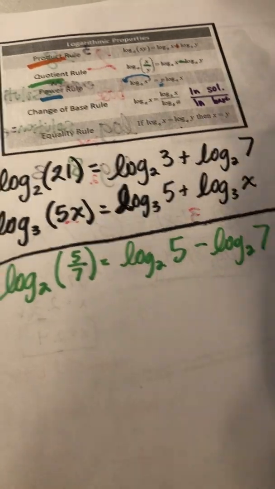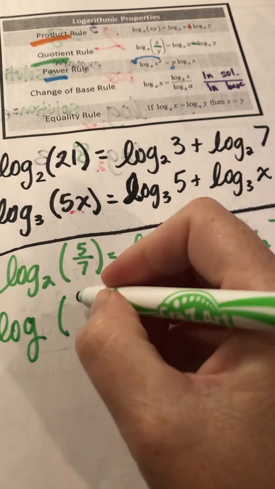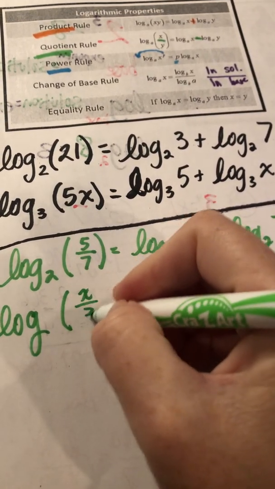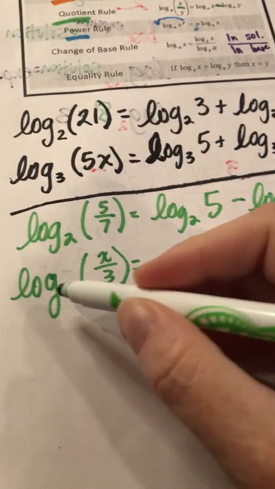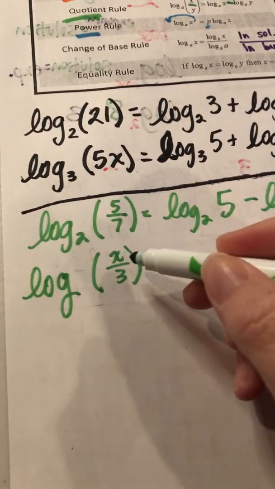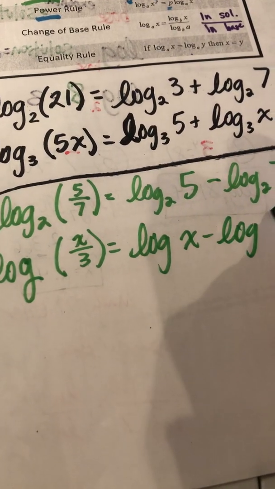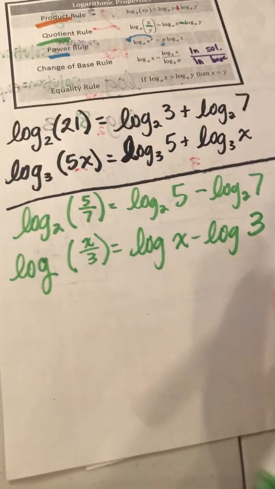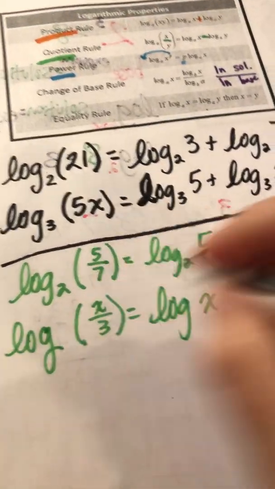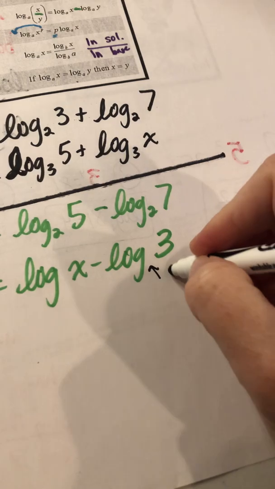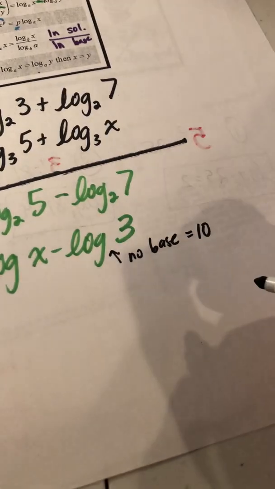Oh, so let's say, I have this question all the time of, Cooper, what if there is no base? Okay, well, first of all, we love that because then I just have to write log x minus log 3. Super love that. But what this means is if there's no base, that means it's actually 10.